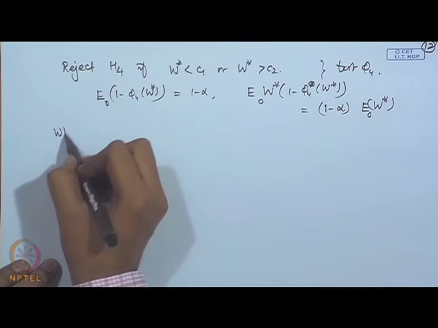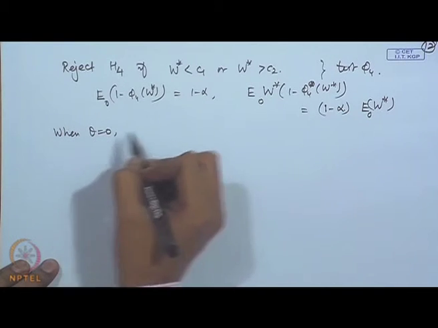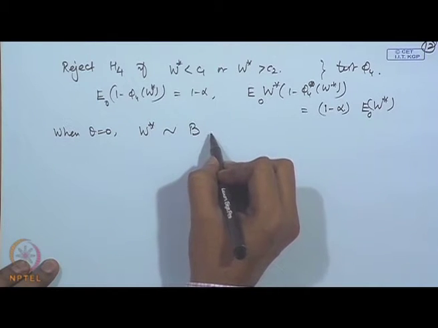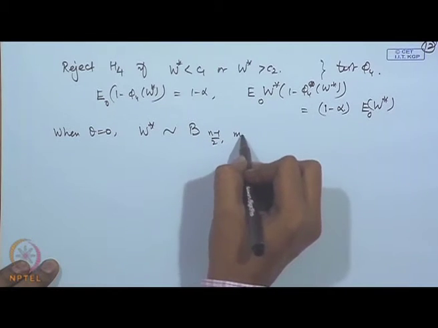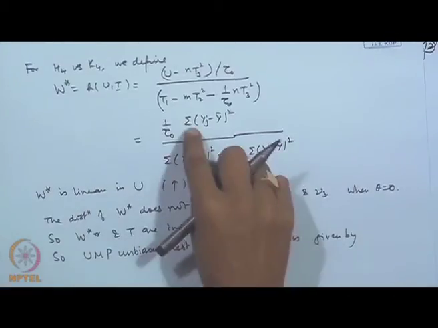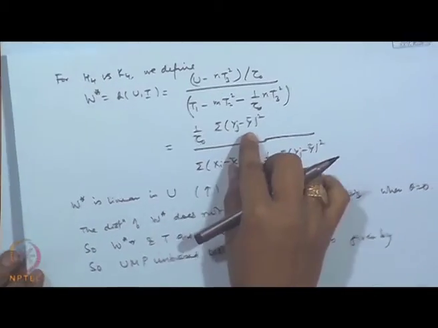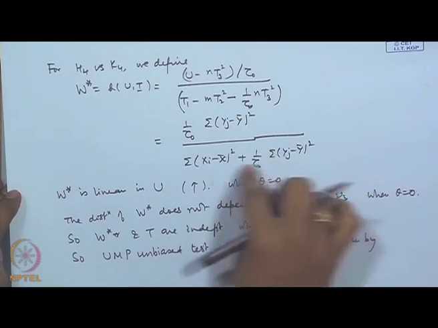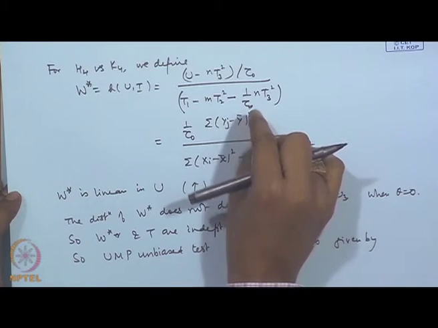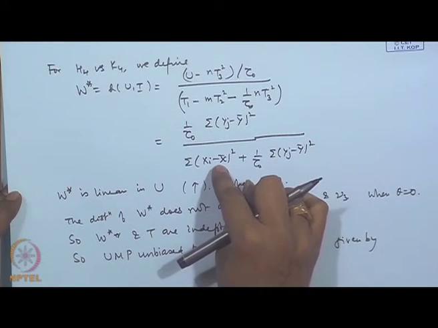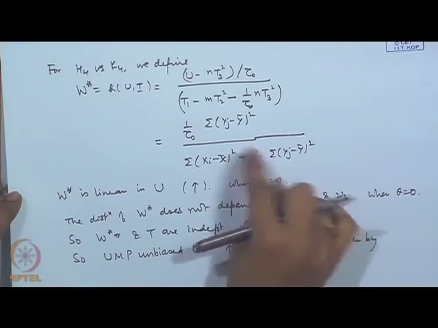Now, when theta is equal to 0, the distribution of W star is actually a beta distribution on (n minus 1) by 2 and (m minus 1) by 2 degrees of freedom. That is, this function, when I am assuming sigma 2 square by sigma 1 square is equal to tau naught, is actually having in the numerator a chi square divided by the sum of two chi squares, and they are independent. So, this is a beta distribution.